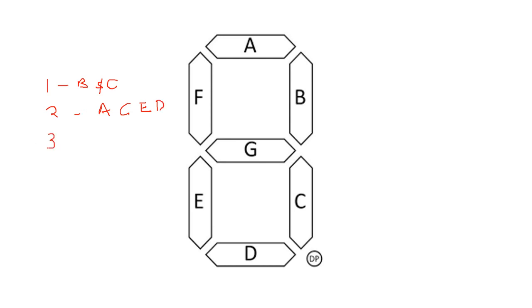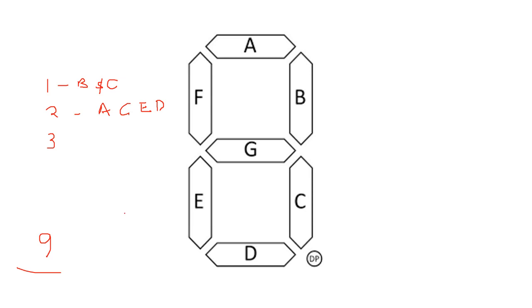You can make a list, even 1 to 9, as an exercise. Find out how you turn on the different LEDs to form different numbers from 1 to 9, not 1 to 10.